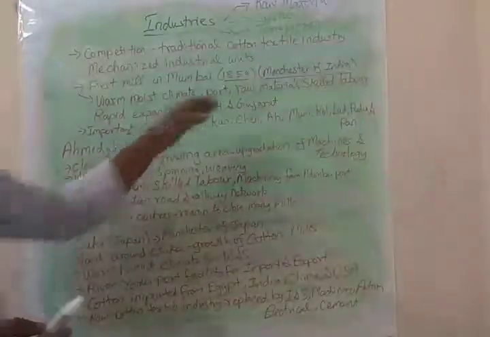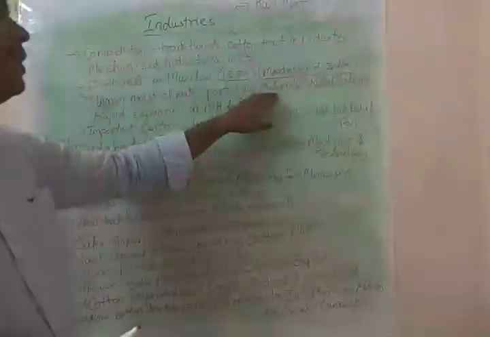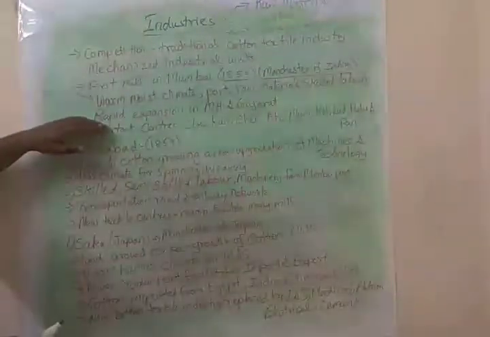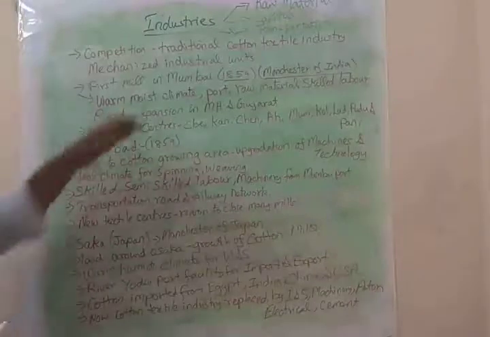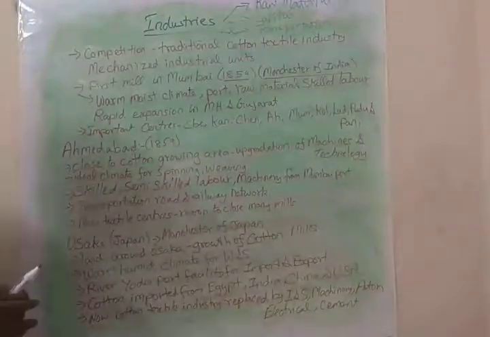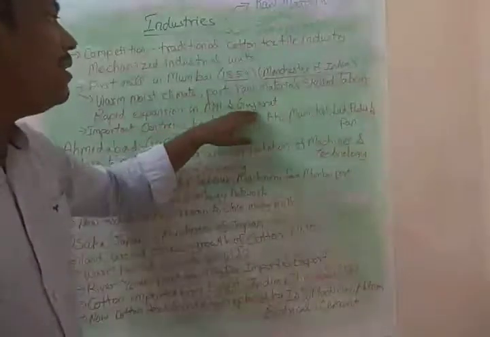And raw materials were easily available, and skilled labor was also there at that time, and that led to the rapid expansion of cotton mills, mainly in Maharashtra and Gujarat.